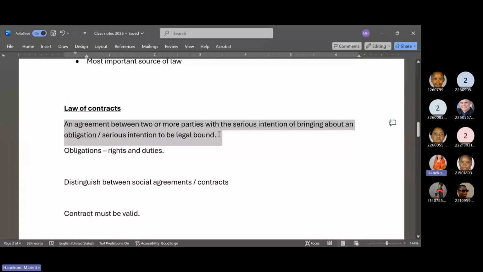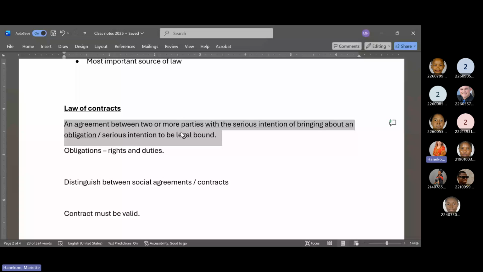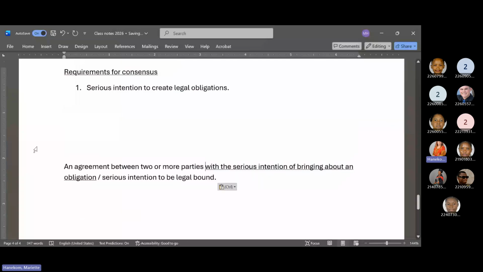A contract is an agreement entered into with a serious intention of bringing about an obligation. So the serious intention of bringing about obligation, a requirement for consensus, the serious intention to create legal obligations. This is not something new, it's not something different, it's a repetition. It's the same thing.